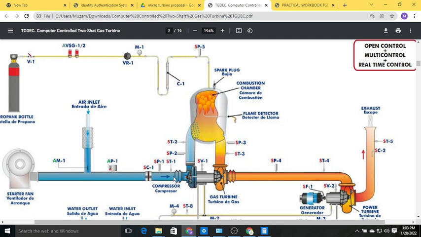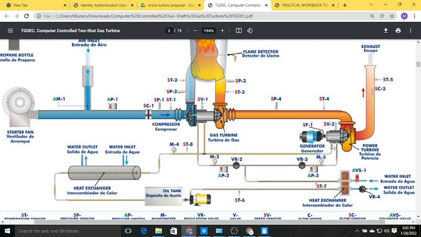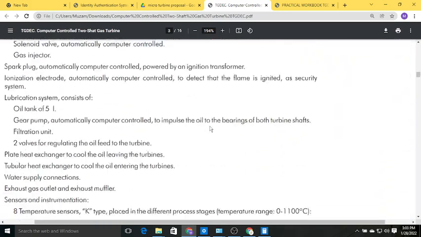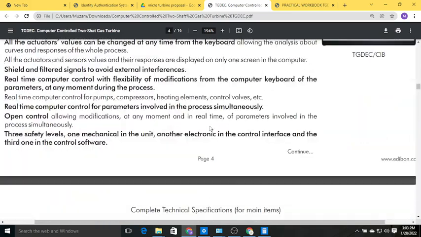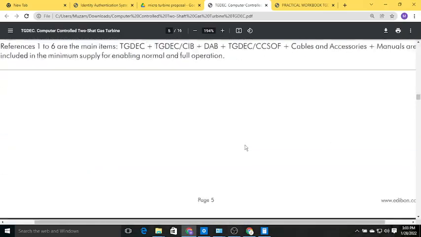So the air compressor sucks the air and it goes to the combustion chamber and to the turbine. The turbine makes power to run this compressor, and the remaining thrust goes into the second turbine. This is a shell and tube heat exchanger, and this is a plate fin heat exchanger for cooling this unit. This is the oil of both turbines. I hope you understand the working principle of this turbine.